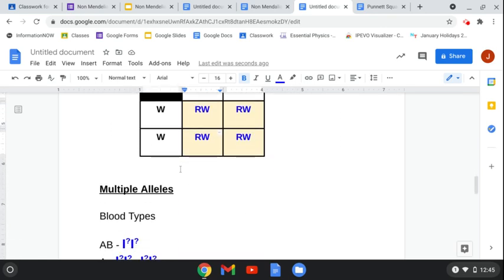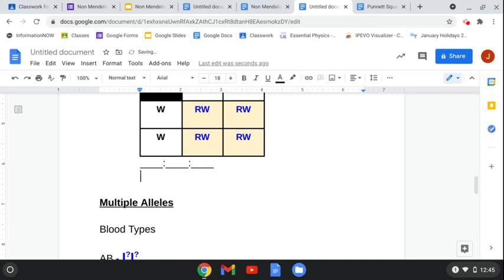So if I'm going to do my phenotypic ratio, I'm going to go ahead and type it in: 1, 2, 3, 4. The first one would be two big R's, the second one would be RW, and the last one would be two W's. As you can see from my Punnett square here, there's none of those.